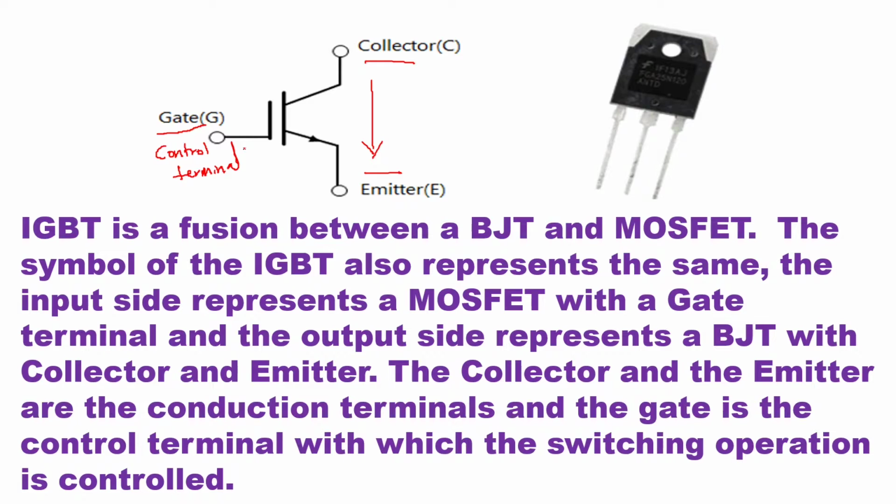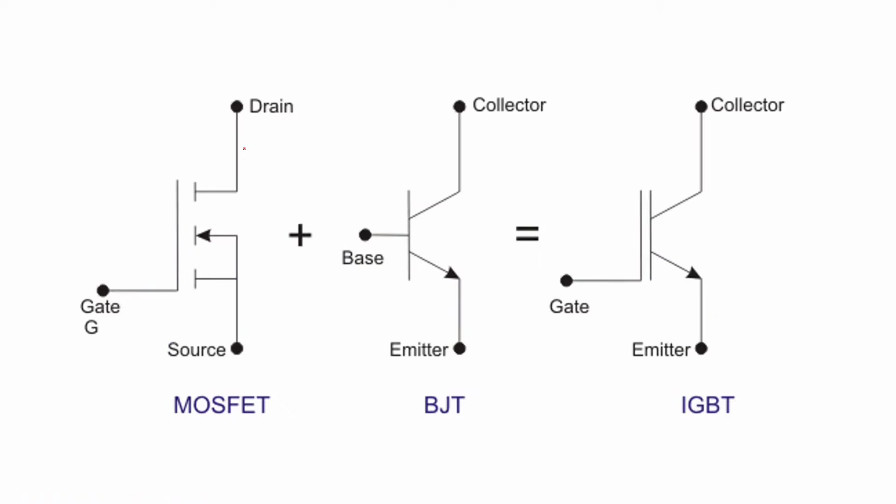The collector and emitter are the conduction terminals, and the gate is the control terminal with which the switching operation is controlled. So it is controlled by the insulated gate only, as we do the control in MOSFET. And the current is going to flow from collector to emitter. Clear? Then we'll go to the next point.